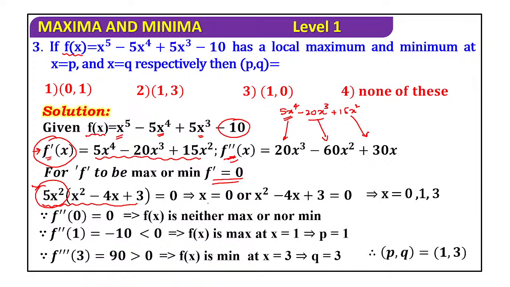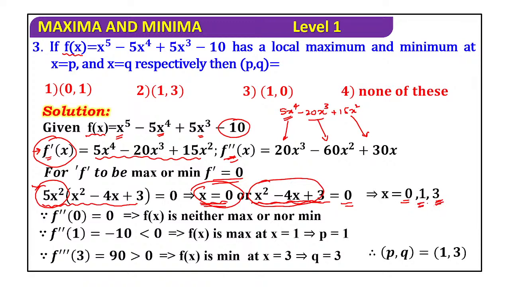So 5x square equal to 0 means x equal to 0, and x square minus 4x plus 3 is equal to 0. So you get these two equations. x equal to 0 is one solution, and if you factorize this, you are going to get 1 and 3.